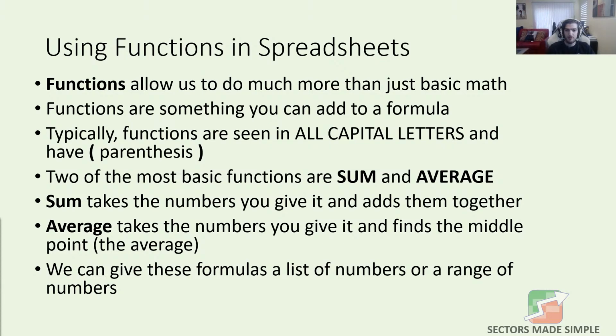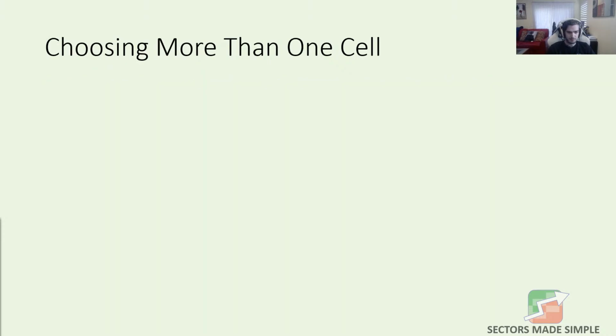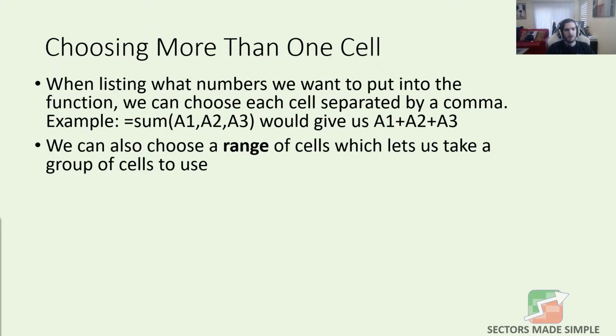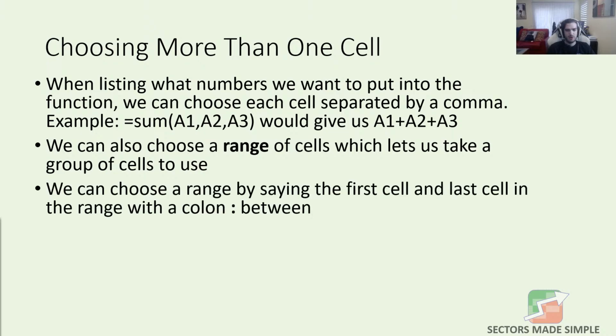Now, how do you select more than just one number? As I covered in the homework, if we want to highlight what's called a range of cells, we first tell it the first cell we want, and then we put a colon, the little dot dot, and then the last cell.